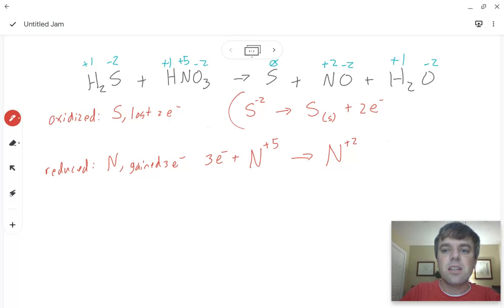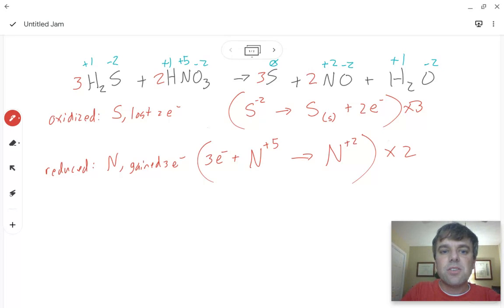So the least common multiple between the 2 electrons and the 3 electrons would be 6. So we're going to triple the top half reaction, and we're going to double the reduction half reaction. So that means our sulfurs need to be tripled. Our nitrogens need to be doubled.